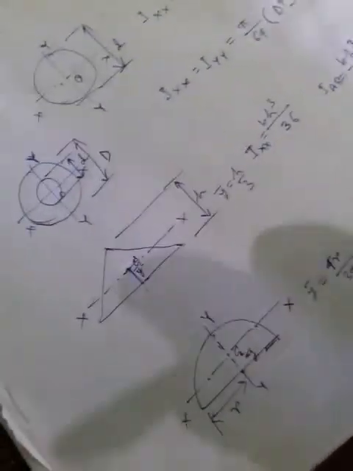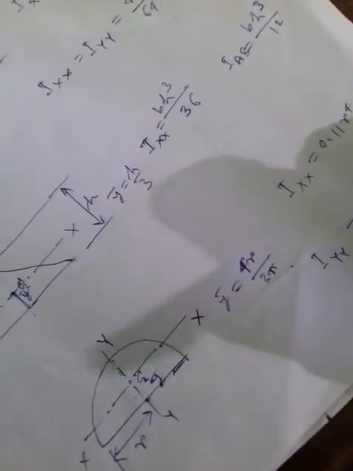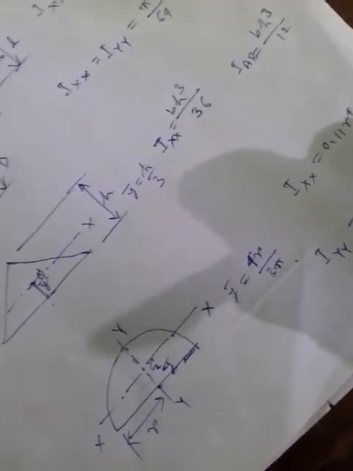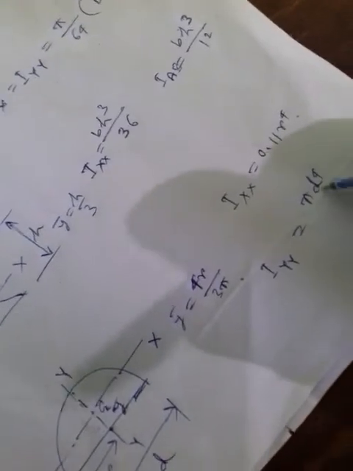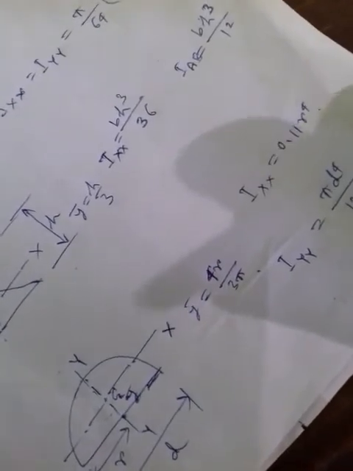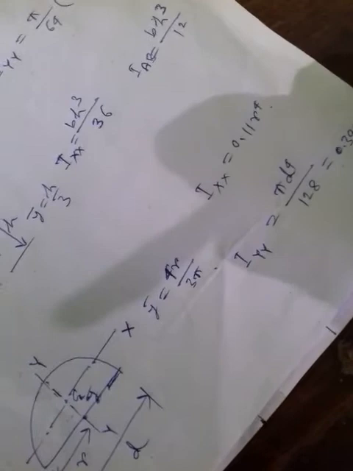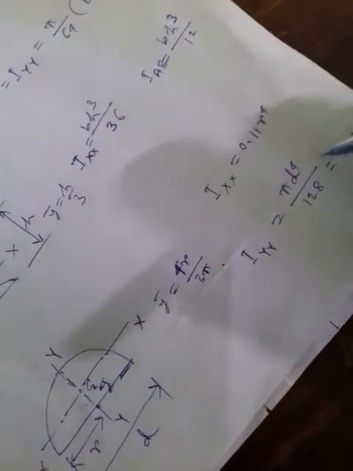Simply, Iyy will be, according to the formula, pi d to the power 4 by 128, as this total part is d. By calculating, we get the value 0.393 r to the power 4, substituting d equal to 2r.